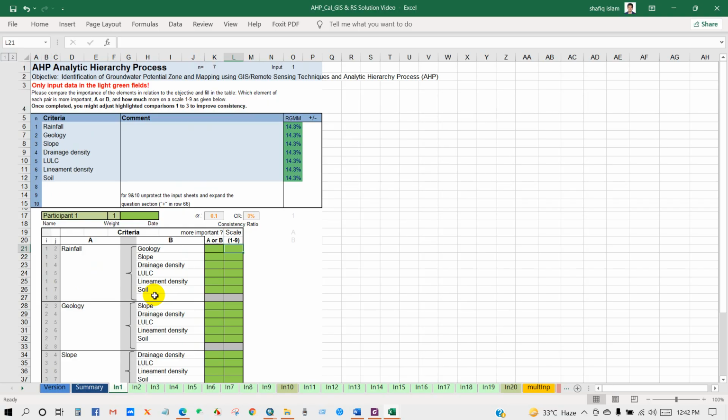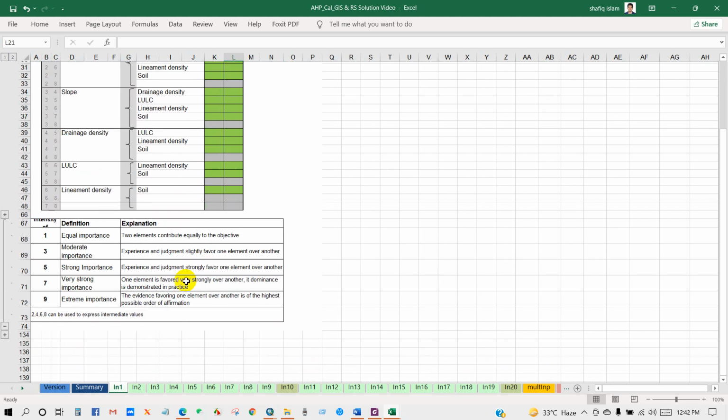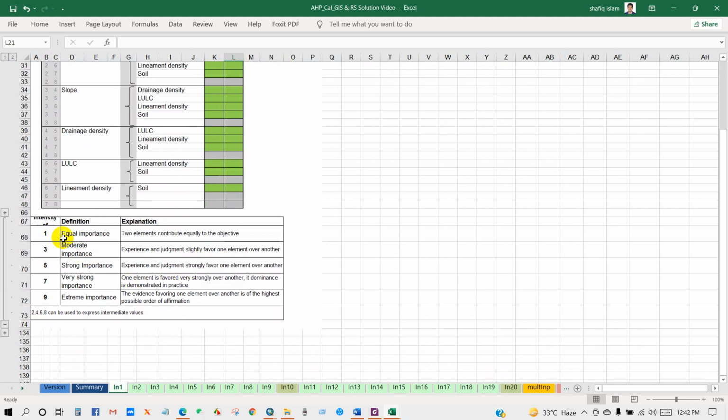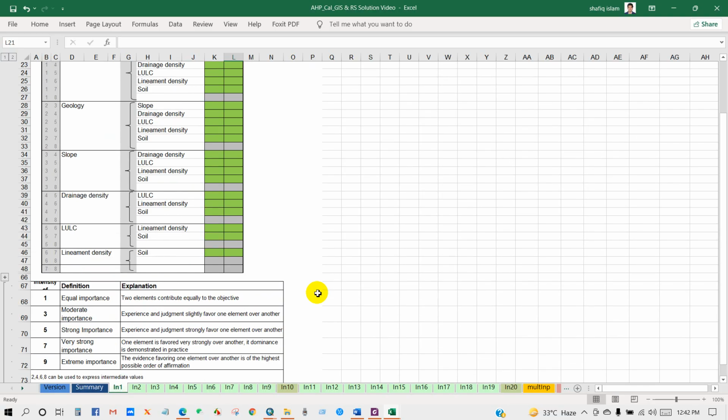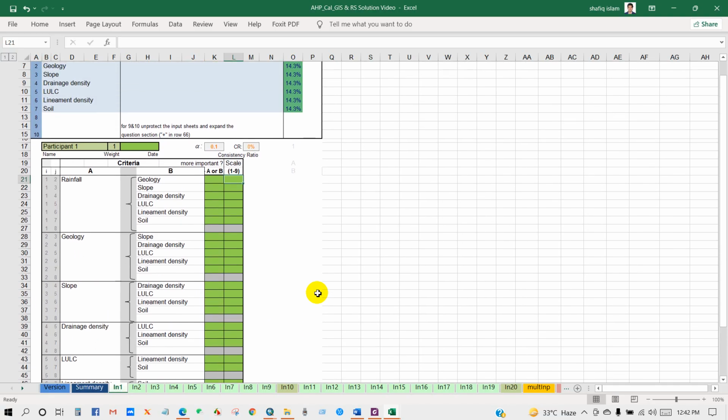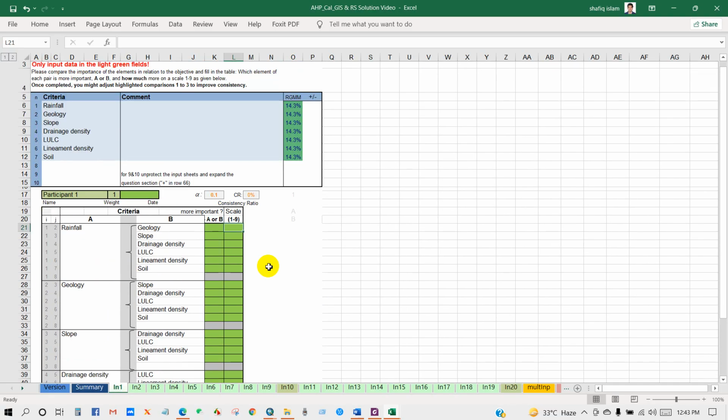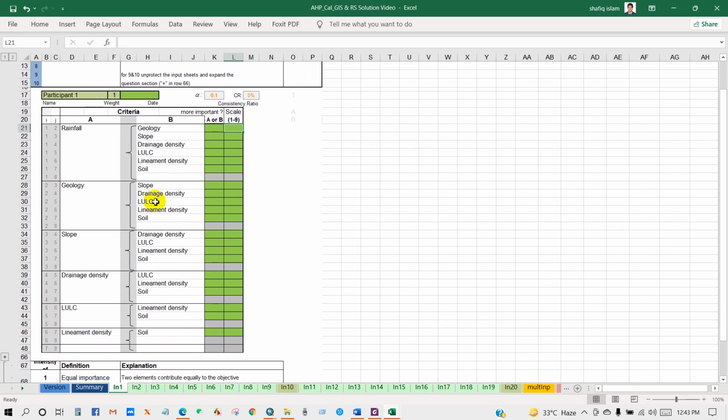Which element of each pair is more important, A or B, and how much more on a scale of 1 to 9? You can see here the 1 to 9 scale.